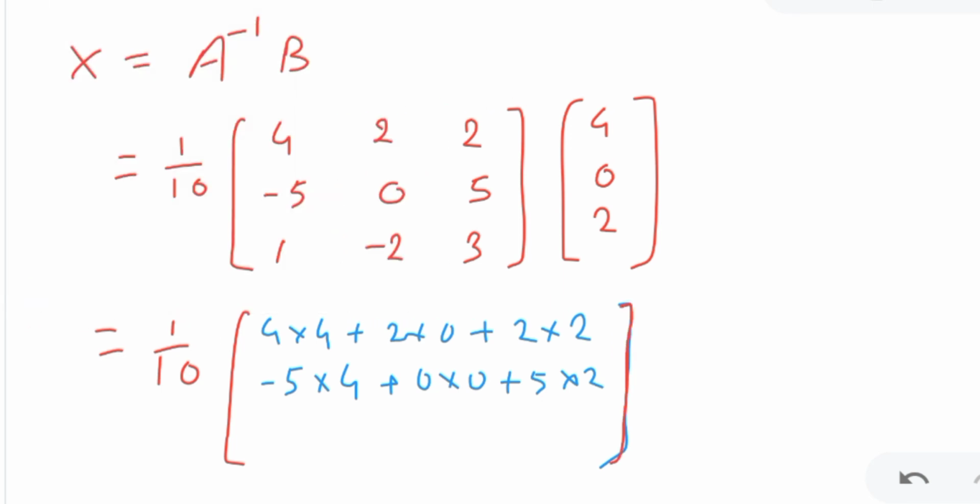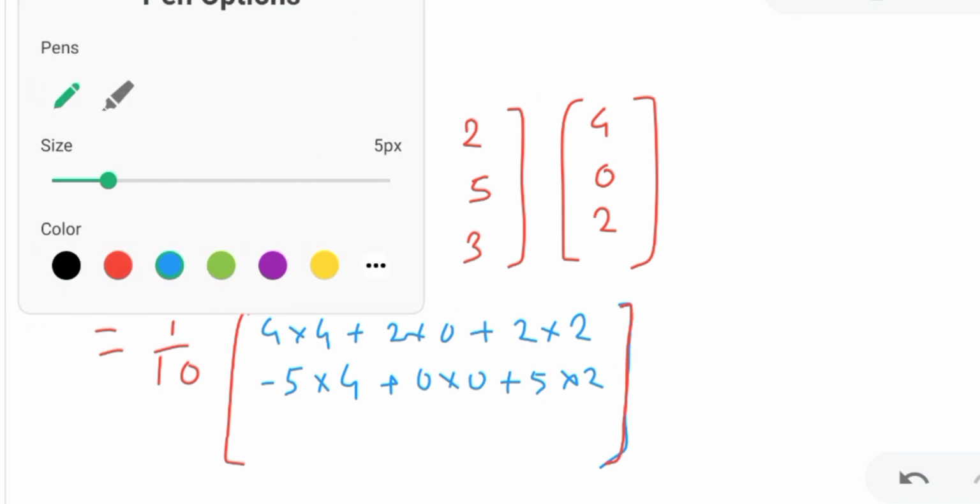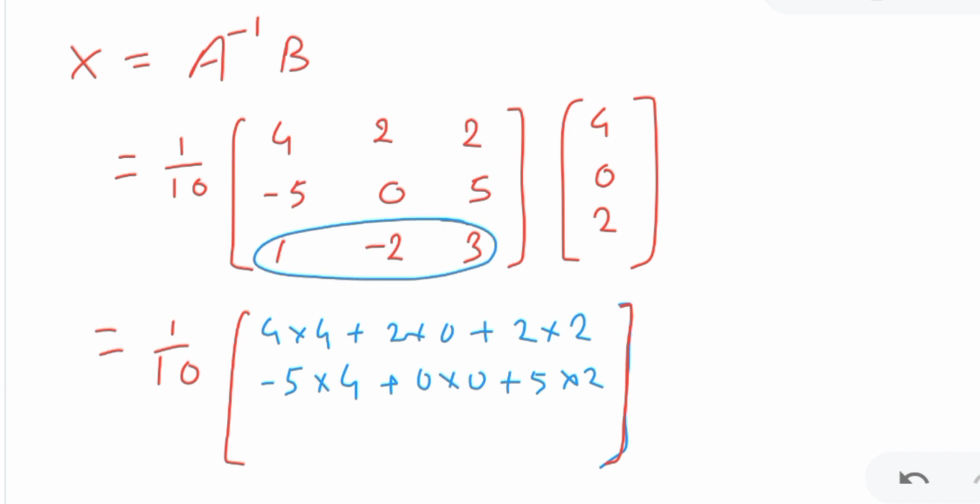And then the last one, the third row with this column, so 1 into 4 plus minus 2 into 0 plus 3 into 2.